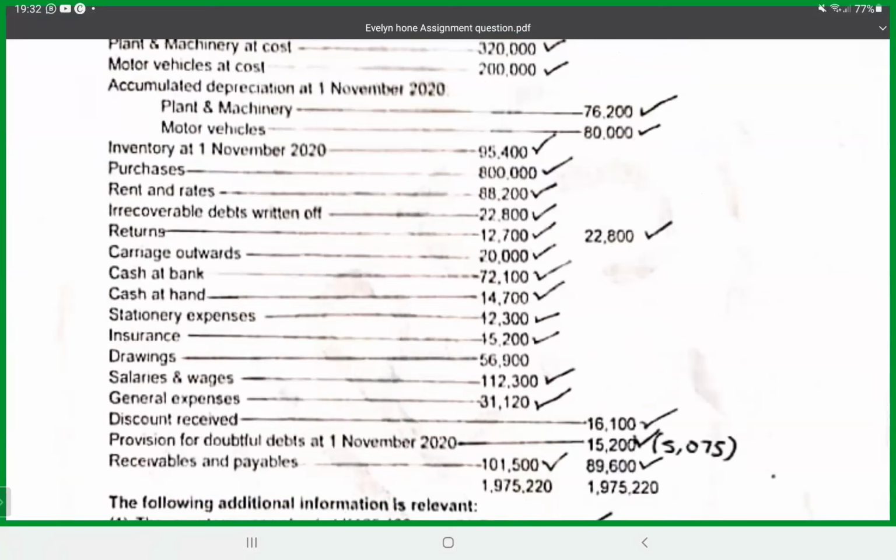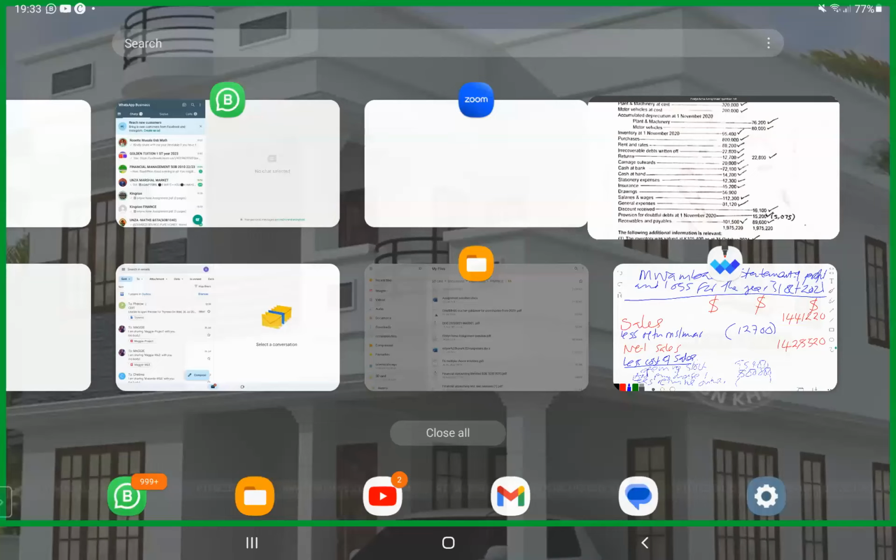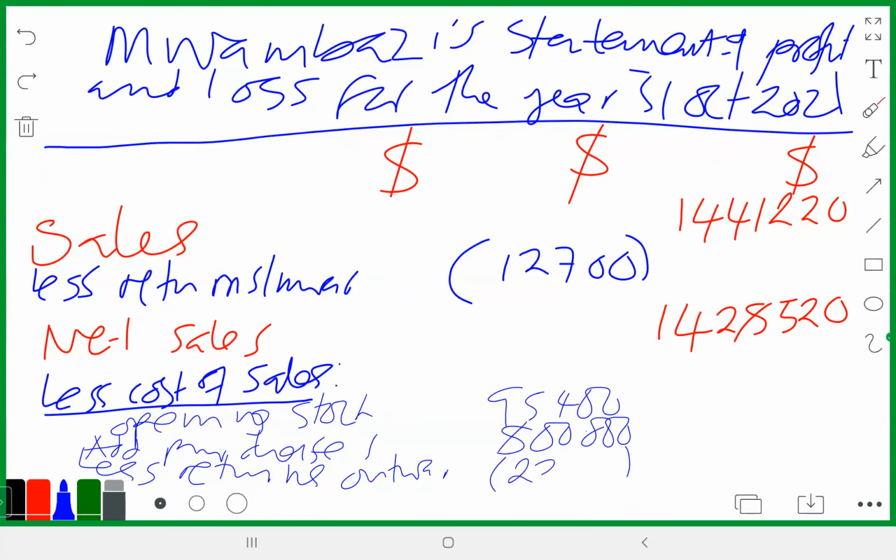There are returns. They are not labeled as returns outward or inward. Then the part that is on the credit side, the purchases outward, 22,800. Right.